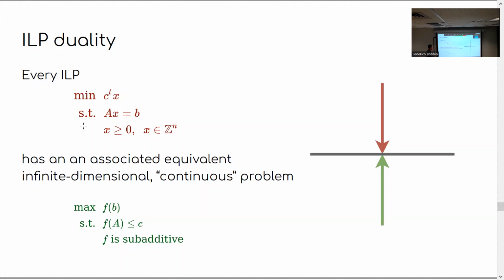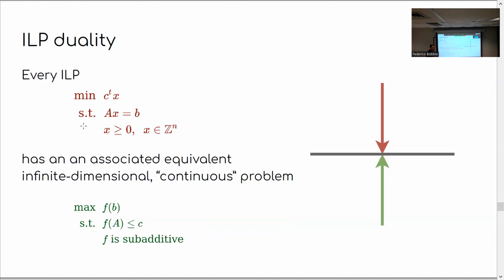The number of variables in your original problem becomes the number of constraints in the new problem, and the number of constraints in the old problem becomes the number of variables in the new problem. But it's not an integer linear program.